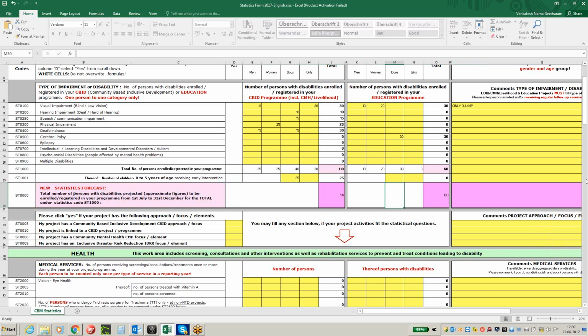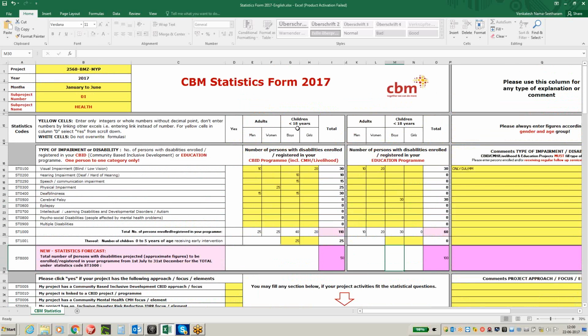There is a part that says number of children 0 to 5 years of age receiving early intervention. Yeah. I didn't get that part, because we have 18 years up there for boys and girls. One second. Here, what you see is children below 18 years, which means it already includes the children who are 0 to 5 years.